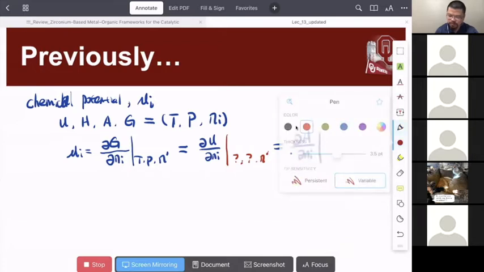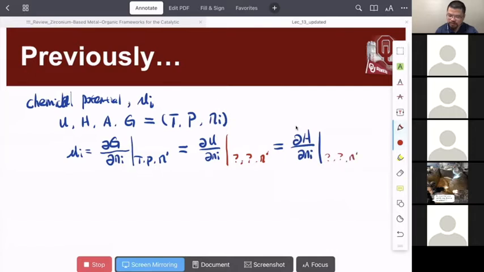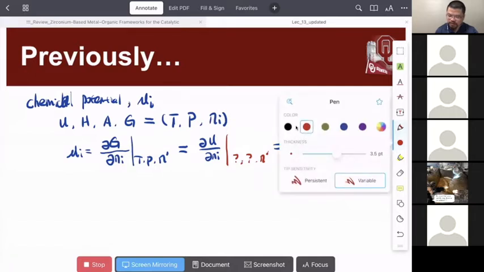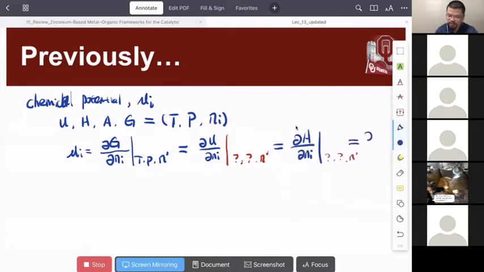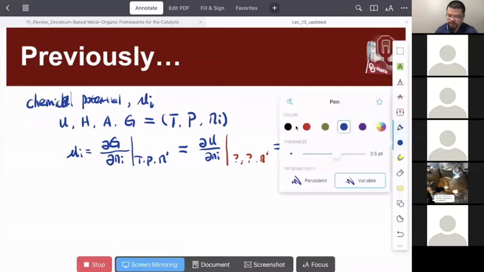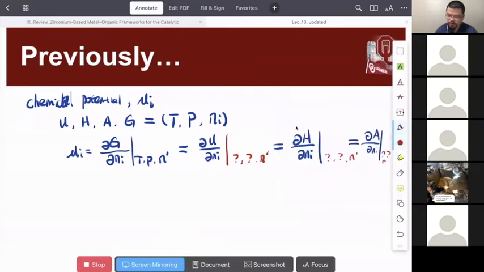Again, the problem is we need to understand what the other quantities we have to fix would be. And then lastly, this would be dA over dn_i, exactly the same. All right, so this is the first thing we covered.